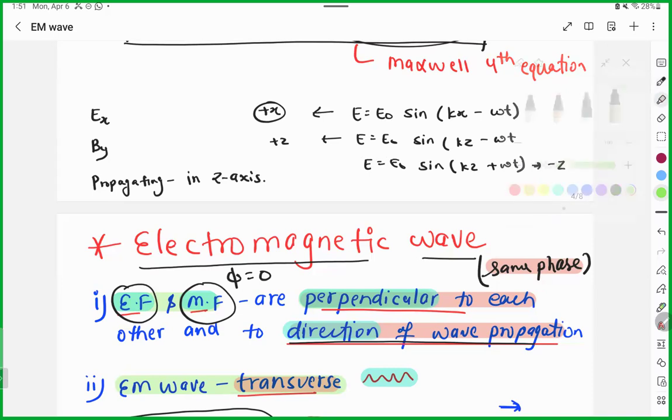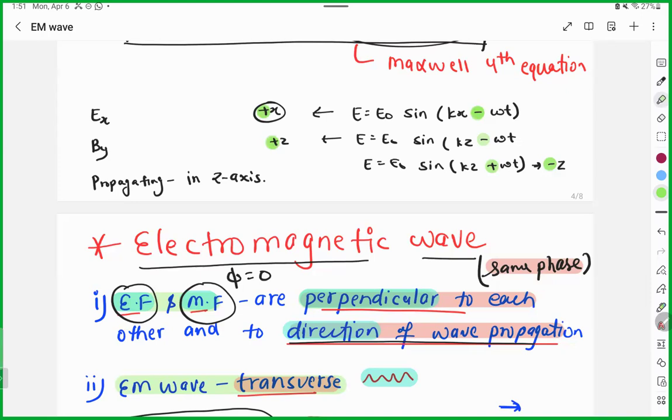So we will say that this sign tells us direction. If there is a positive sign, there will be negative direction. If you have a negative sign in between, there will be positive direction.